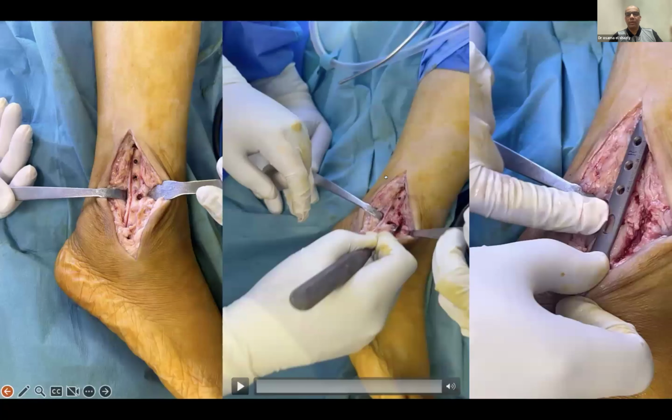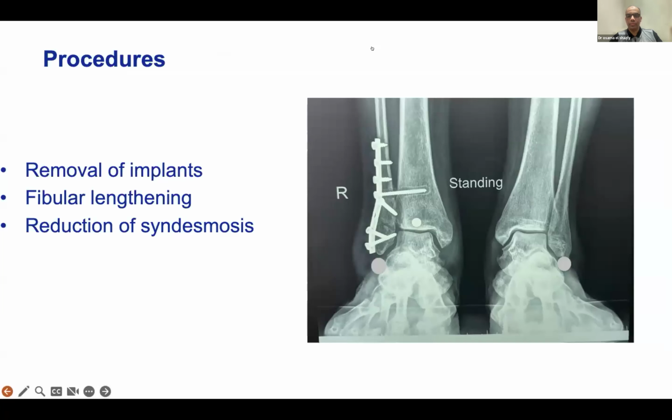So how can we make lengthening of the fibula after removal? I show you the X-ray. After removal of implant, what kind of osteotomy do you prefer, Abdullah, to lengthen the fibula for this patient? Who will choose doing oblique osteotomy?